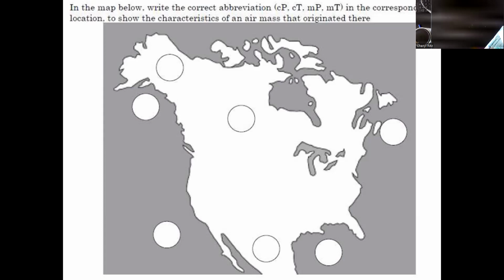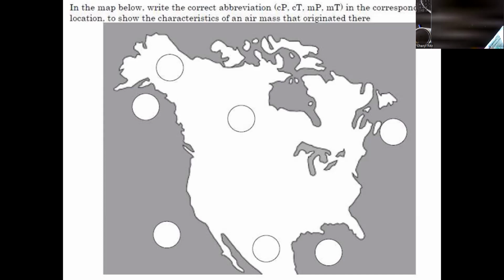How about the last one there that's in the Gulf of Mexico? MT. M because it's over the water. The maritime is water. The T because it is in a warm spot. Again, if that was to blow towards Buffalo, we get wet and warm air.